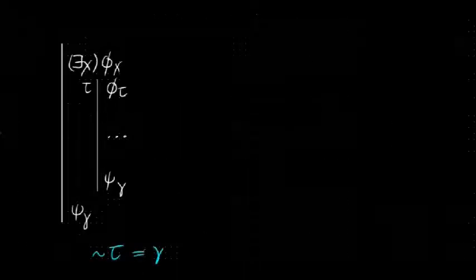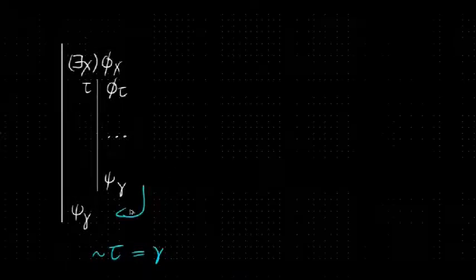gamma. Right, so if we get down to some other formula, then we can just move that formula down here. And the important thing to notice here is that, let's put this in a different colour, tau does not equal gamma. That's really important. Okay, so this variable here is not the same as our parameter. Right, we can't have a formula moving down and left from this bar that has the parameter in it.